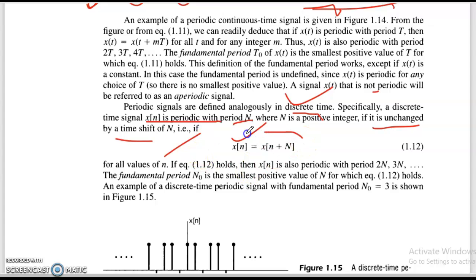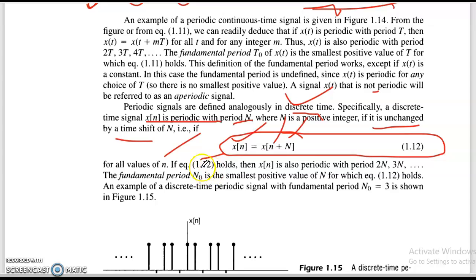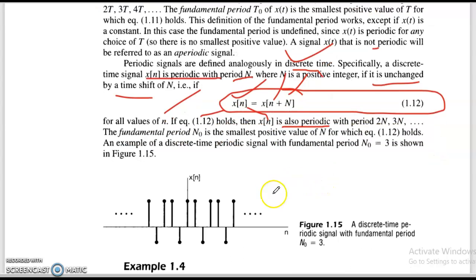If this equation holds, then x of n is also periodic.